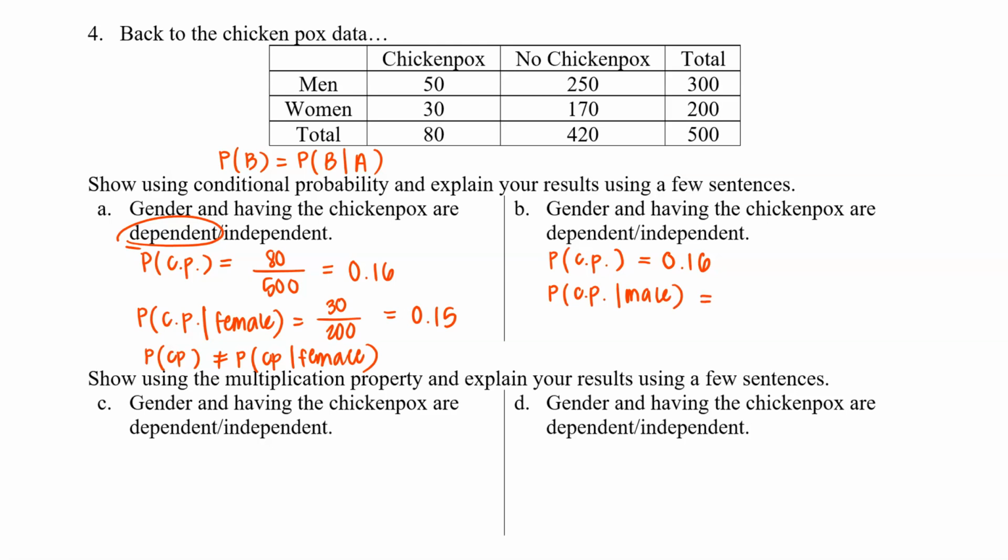There are a total of 300 men in this study, and of the 300 of them, 50 had the chickenpox. 50 out of 300 is equal to 0.16 repeating. Like we saw in the previous example, the probability of having chickenpox is not equal to the probability of having the chickenpox given male. So therefore, we conclude that these two are dependent.